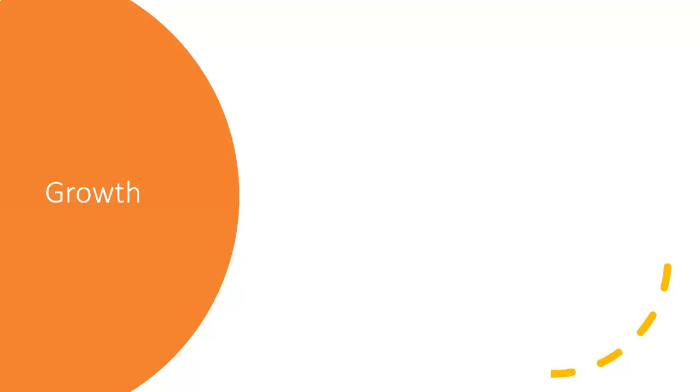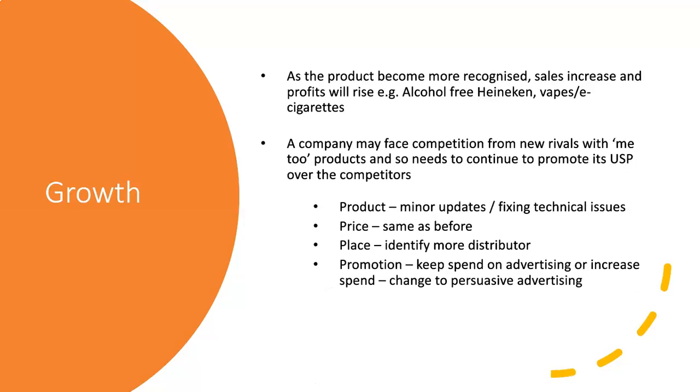Growth. This is the second stage of the product life cycle. As the product becomes more recognized, sales increase and profits will rise, for example, alcohol-free Heineken, vapes and e-cigarettes. A company may face competition from new rivals with me-too products and so needs to continue to promote its USP over the competitors.